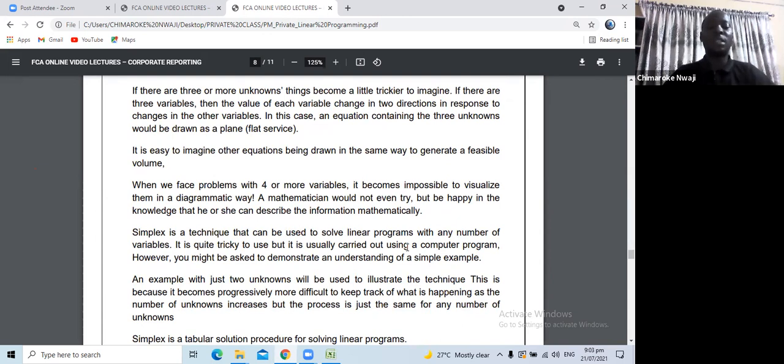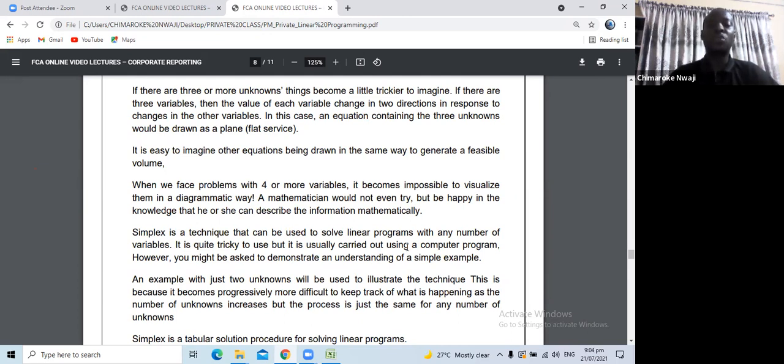So the simplex method is used to handle anything from 3, 4, 5 products or unknowns, and it can be handled with a computer program. Now, to test the efficacy of the simplex method, we are going to be using just 2 unknowns to illustrate.